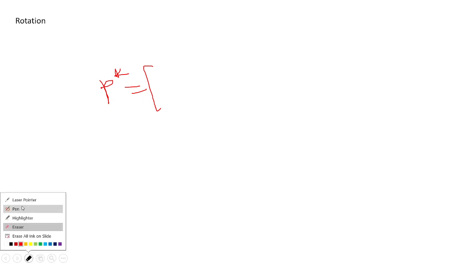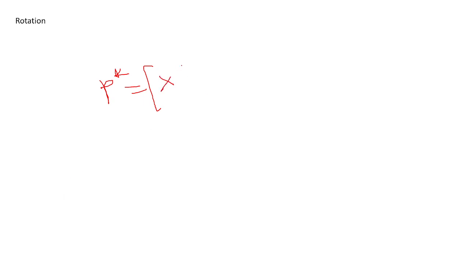Okay, so it is denoted as P star, the new position, that is X star, Y star.